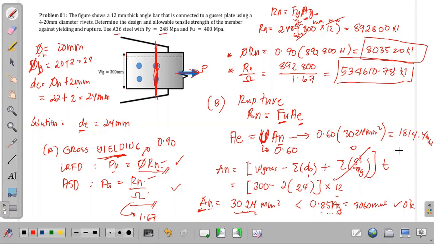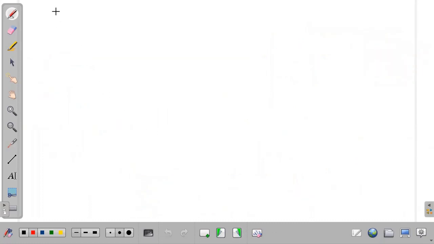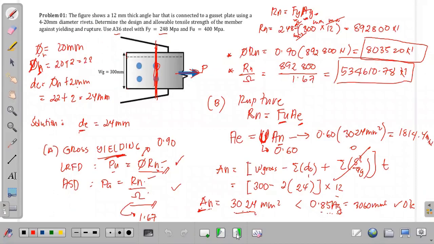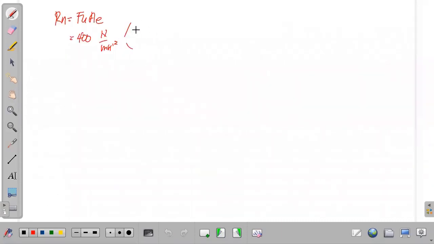So we can now solve for the value of Rn. That is FuAe. Our Fu is 400 MPa, that is 400 N/mm squared times our Ae, 1814.4 mm squared.